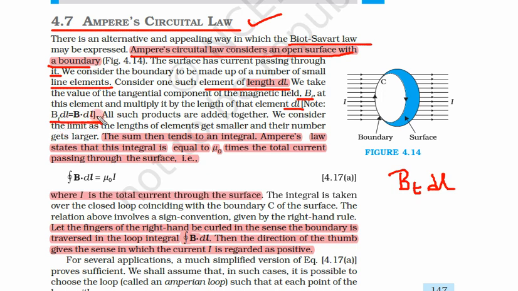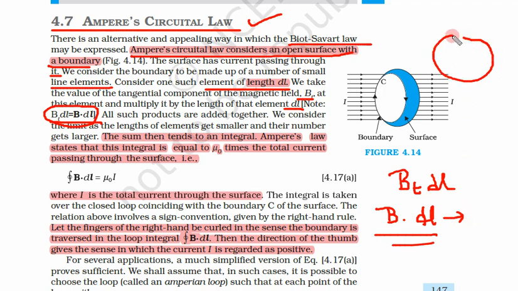Now we can convert this to vector form, B dot dl, because only when it is tangential is theta equal to 0.